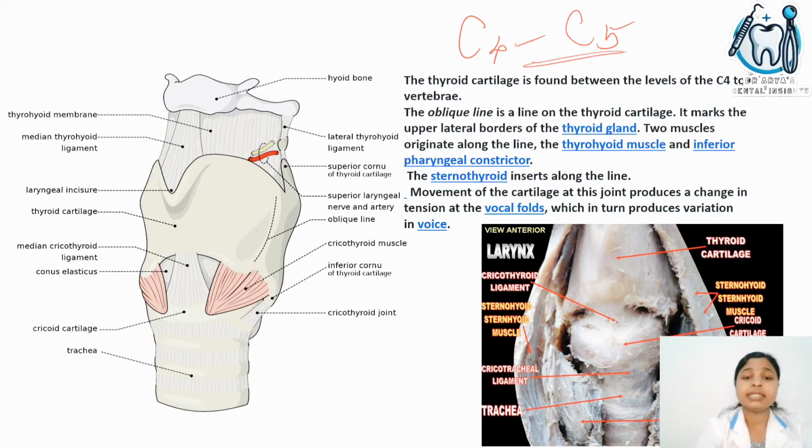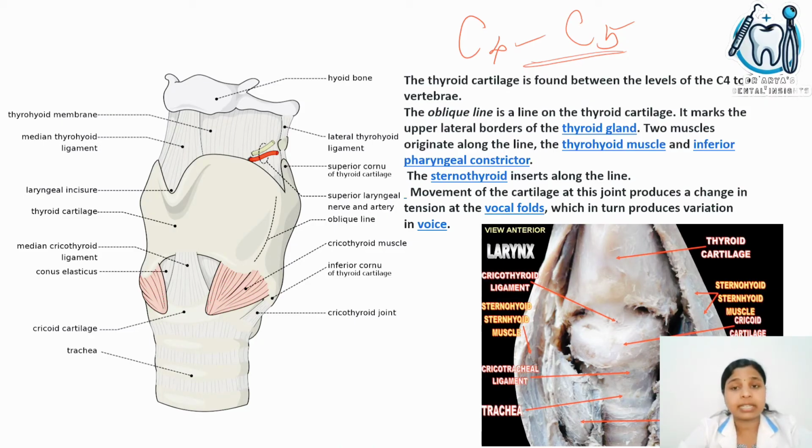There is an oblique line on the thyroid cartilage. It marks the upper border of the thyroid gland, and two muscles originate along the line: the thyrohyoid and the inferior pharyngeal constrictor. And the sternothyroid inserts along the line.